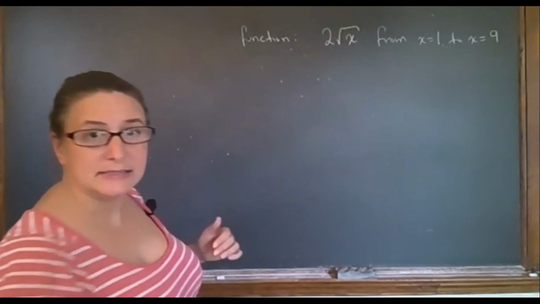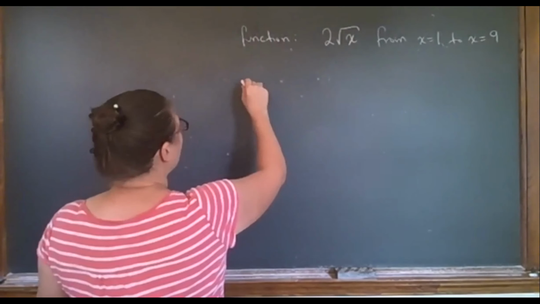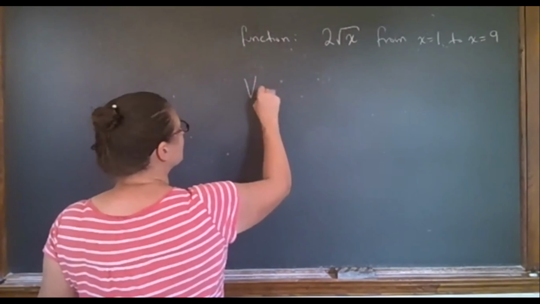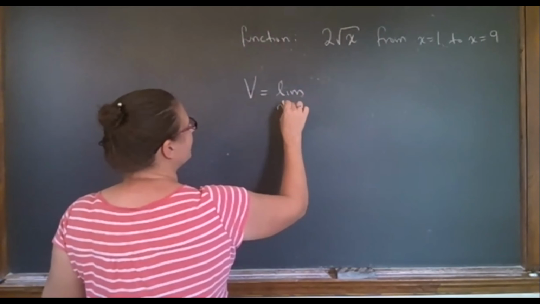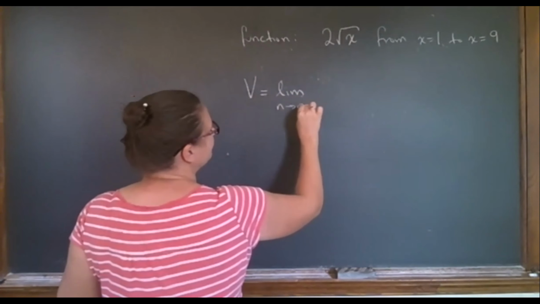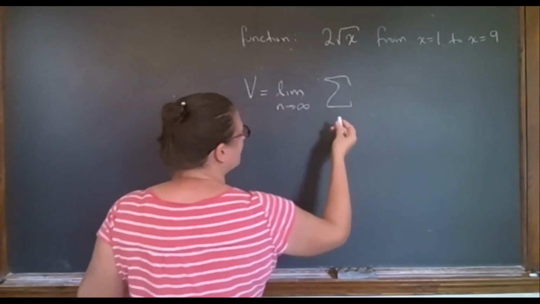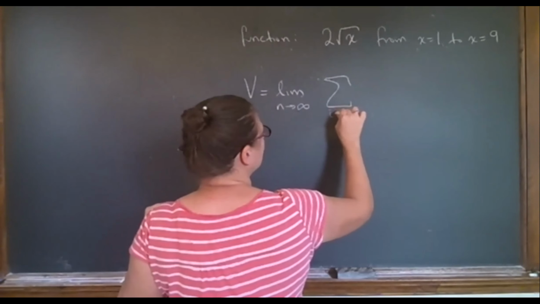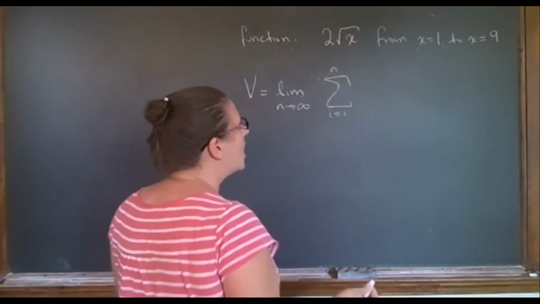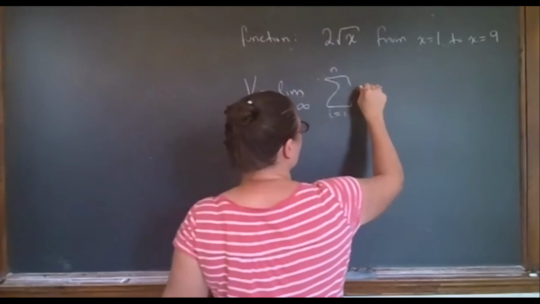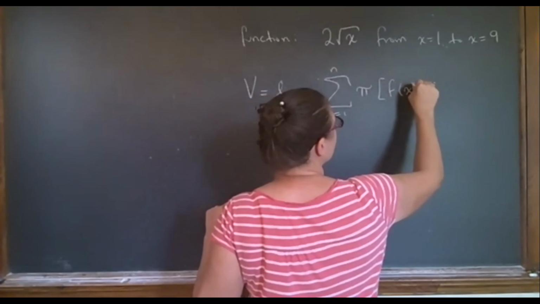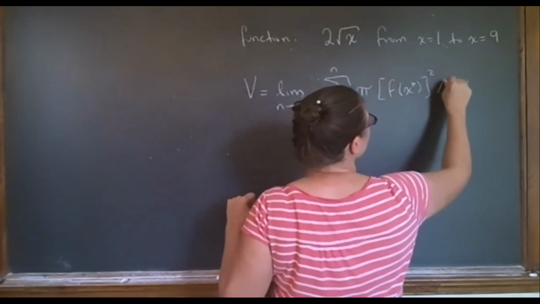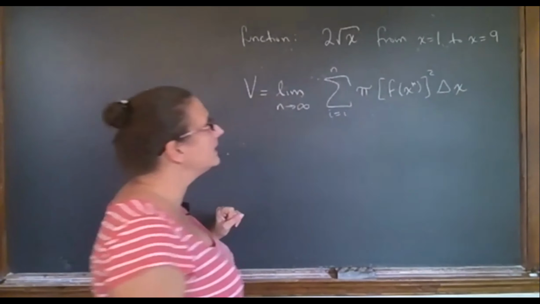And what we had said was that the volume was going to be the limit as n goes to infinity of the sum i equals 1 to n of all of those disks. So that would be pi times the radius squared delta x, right?